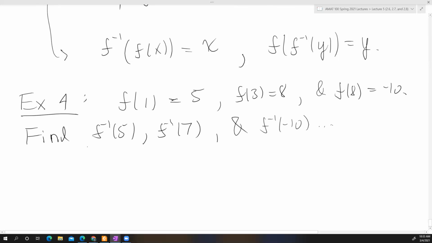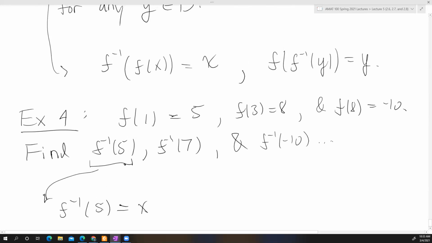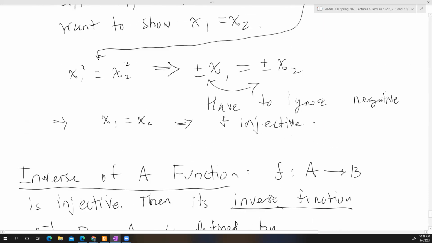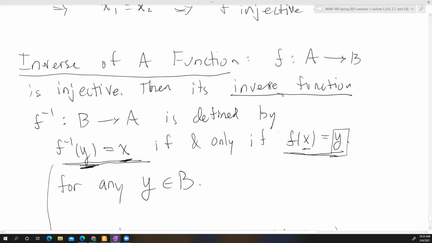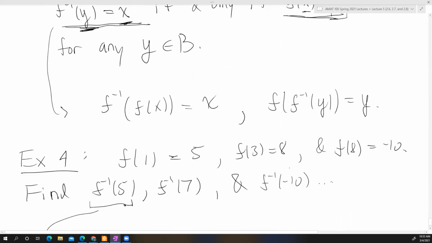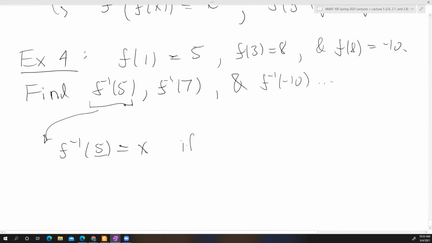Well, let's go back to the definition of inverse function. Let's just look at this one for now. So we want to determine what its output is. We don't know what it is, so we'll just call it x. Remember, f inverse of y is equal to x if and only if f of x is equal to y, where y in our case is 5. So this is the case if and only if f of x is equal to 5.